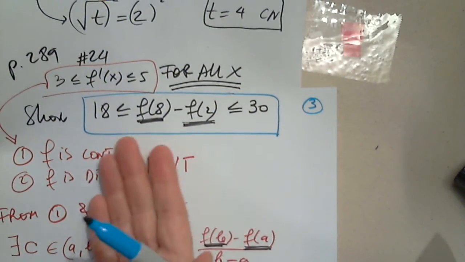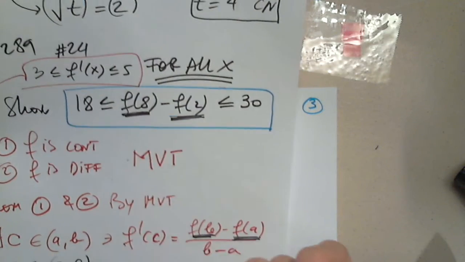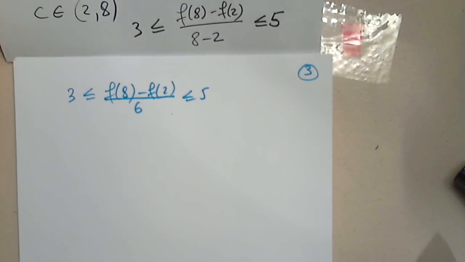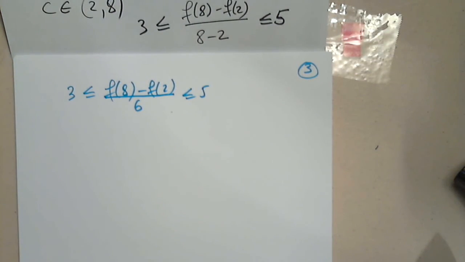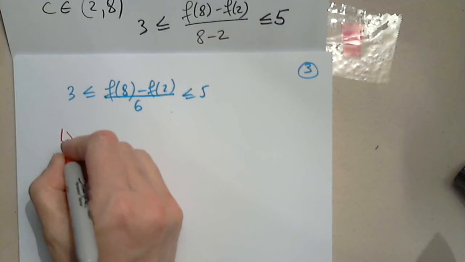I'm much closer to showing the relationship, but I have one more step to go, which is what? What should I do? Multiply everything by 6. That's it.